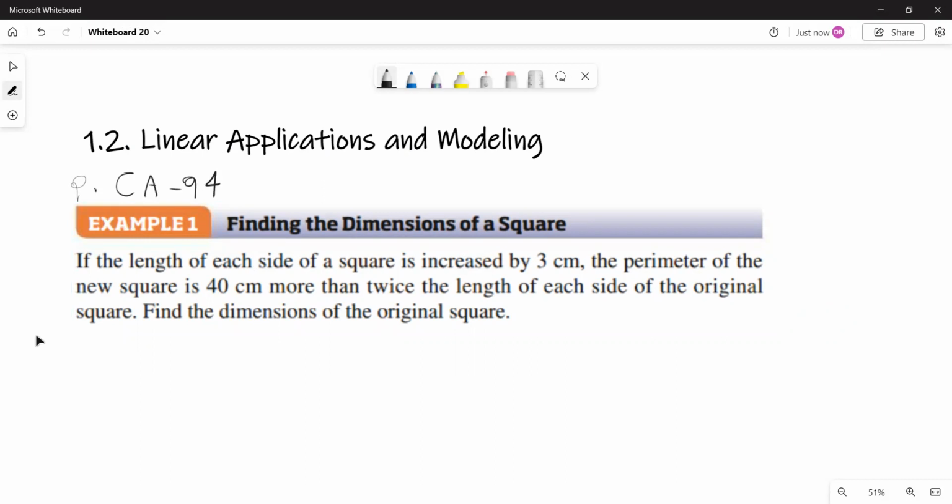If the length of each side of a square is increased by 3 centimeters, the perimeter of the new square is 40 centimeters more than twice the length of each side of the original square.